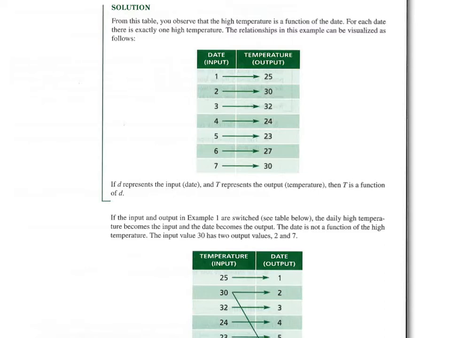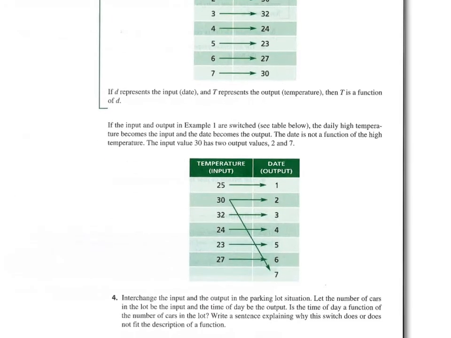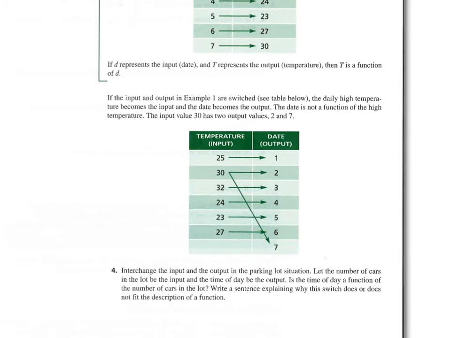That input of 2 only goes to 30. So each input in there, you can look at the arrows, is only going to one place. So if D is the input and T is the output, then this does represent a function because it's one input going to one output. But in this next table, if you look down there, they switched the input and the output and asked, now is it a function?